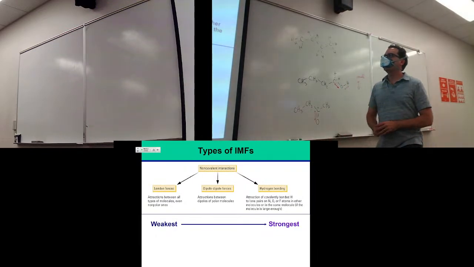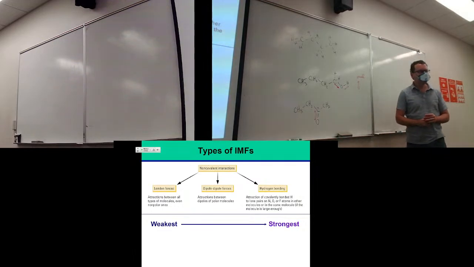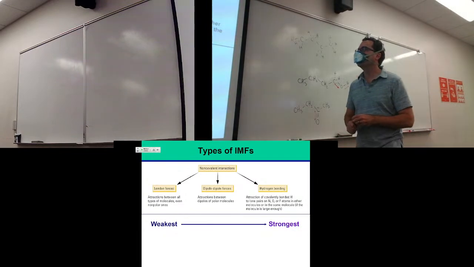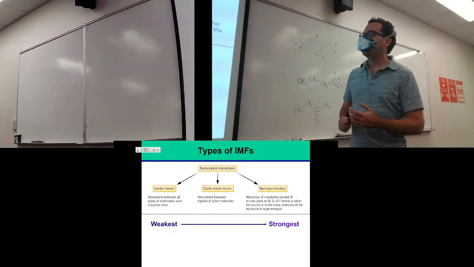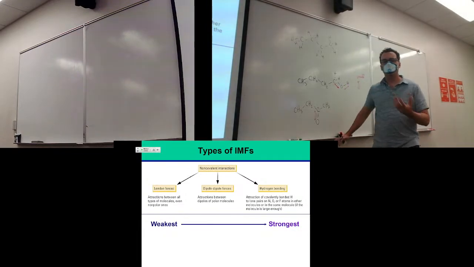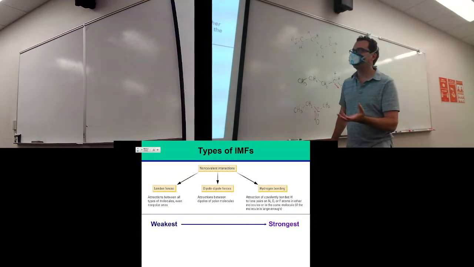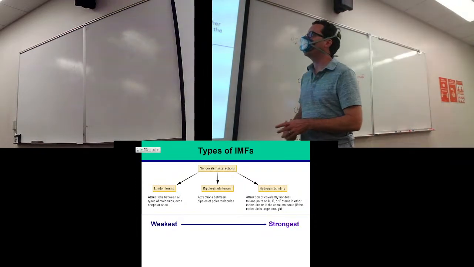London forces, these are the weakest. London dispersion forces, sometimes it's called, add that word in there. These are the weakest types of intermolecular force. Every molecule does London forces. Everything does. But it's so weak that if there is a stronger force that is more dominant, then we're going to focus on that.